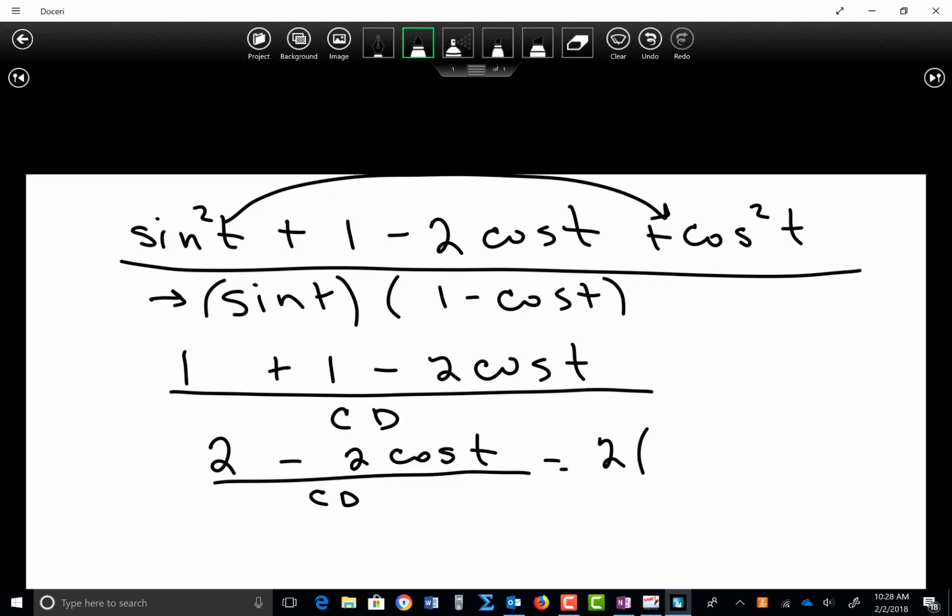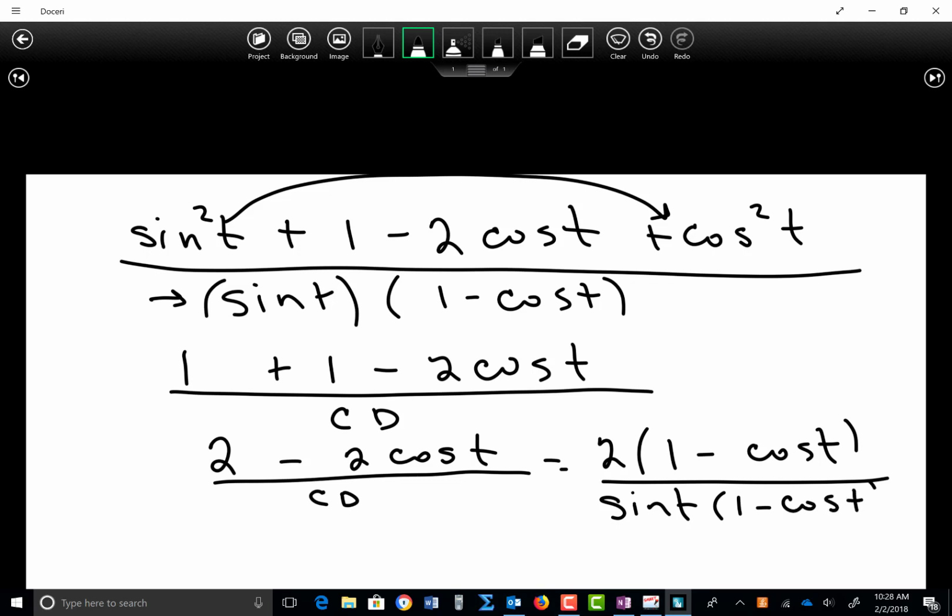So I have 2 times 1 minus cosine t. And now I'm ready to copy down the common denominator again. And I have something that is the same, so I can cancel. And I have left 2 over sine t.